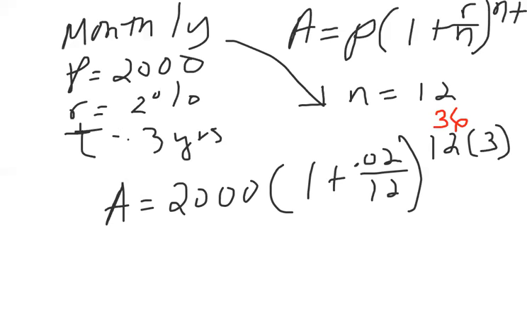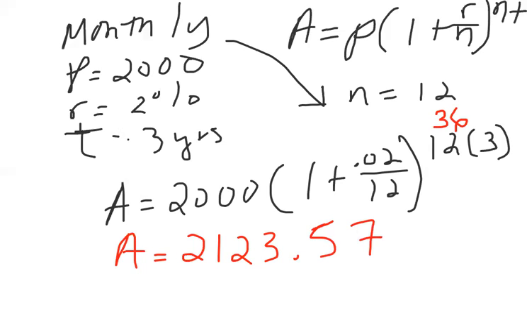So the amount of money I have accumulated, if the interest is compounded monthly, guys, for the 3 years, is $2,123.57. You see, guys, listen, the more times the interest is compounded per year, the more money you will earn on your investment. So one more, and then I'm gonna leave it alone.